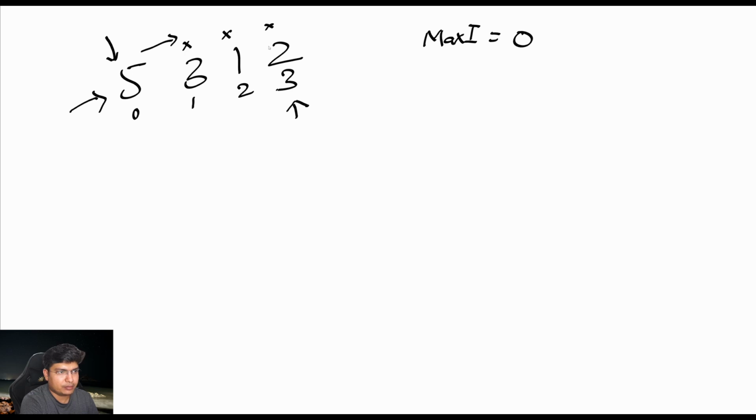Whatever position I have finished my iteration at, now I'm going to swap that element with the max I. In this case, 5 comes here and 2 goes to the first position. Now the array is 2, 3, 1, 5. Let's split the array into sorted and unsorted parts.